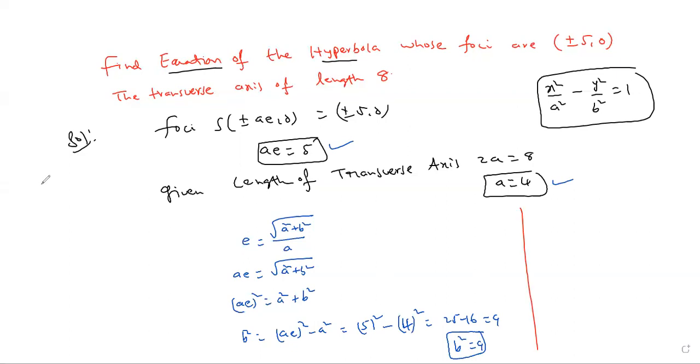Clear? a square 16, b square 9. Now the equation of hyperbola is x square by a square minus y square by b square is 1. x square by a square, a is 4, a square 16, minus y square by 9, since we already got b square as 9.